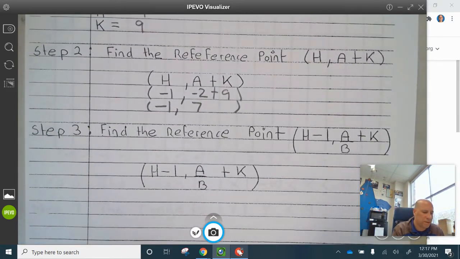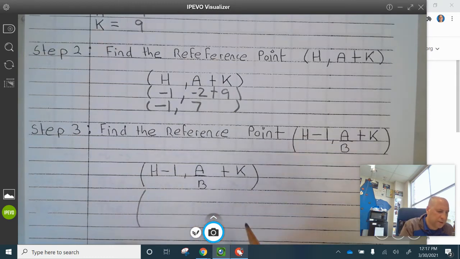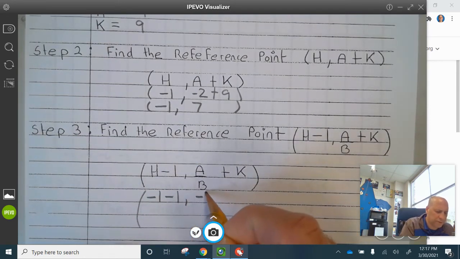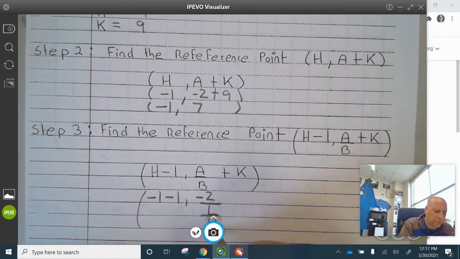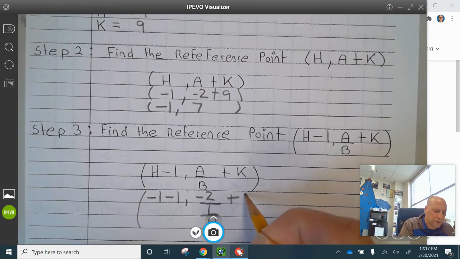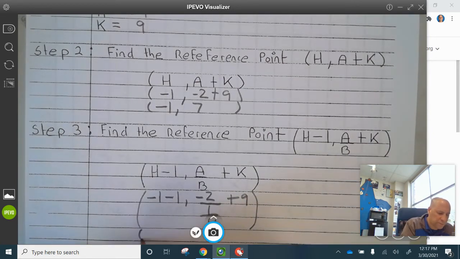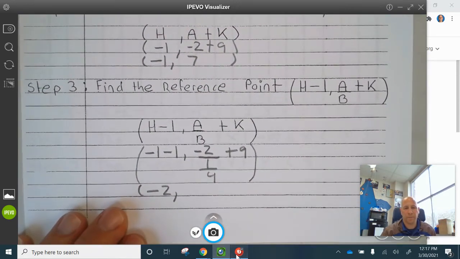Let's find the point here. So h is negative 1 minus 1, comma, a, which is negative 2, divided by b, which is 1 divided by 4, plus k, which is 9. Well, negative 1 minus 1 is negative 2, comma, let's use a calculator to get that value.